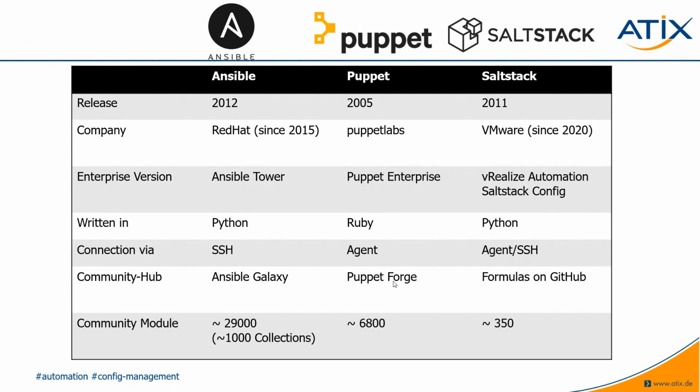Then we have Ansible, which was sold to Red Hat in 2015. Since then, it is greatly promoted and has really many users, especially from the Red Hat world. This means that Ansible is a tool which is very common in many aspects of IT infrastructure.